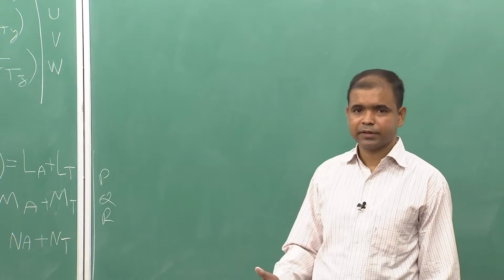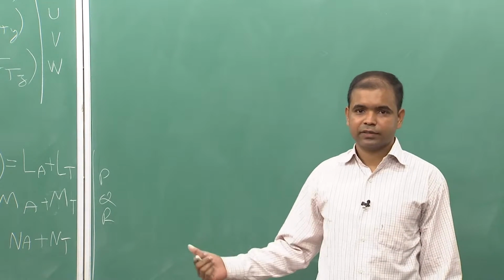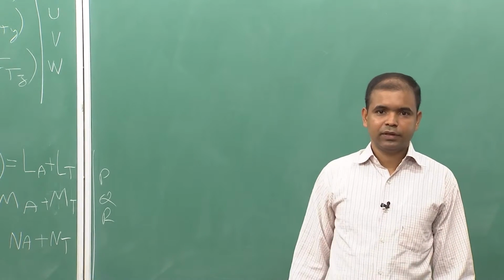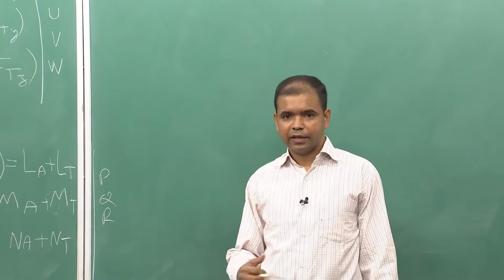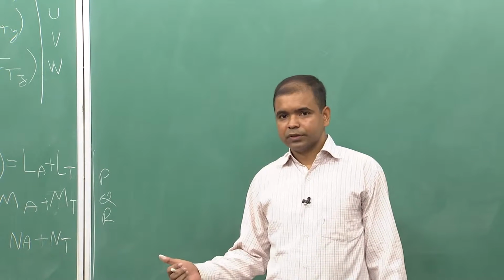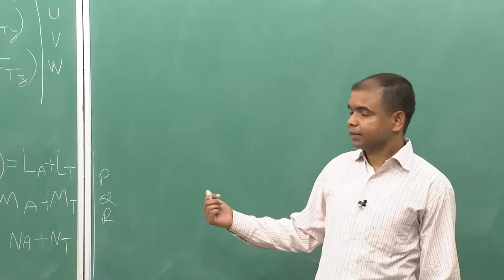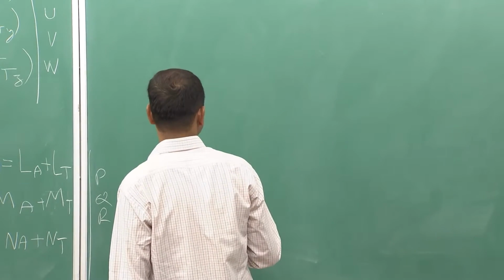So, we need a methodology to convert these body axis velocity components into the inertial frame. And if you remember, we had studied the Euler angles, Euler rotation. With that set of equations, we can convert. Let us see a quick review of the Euler angles.